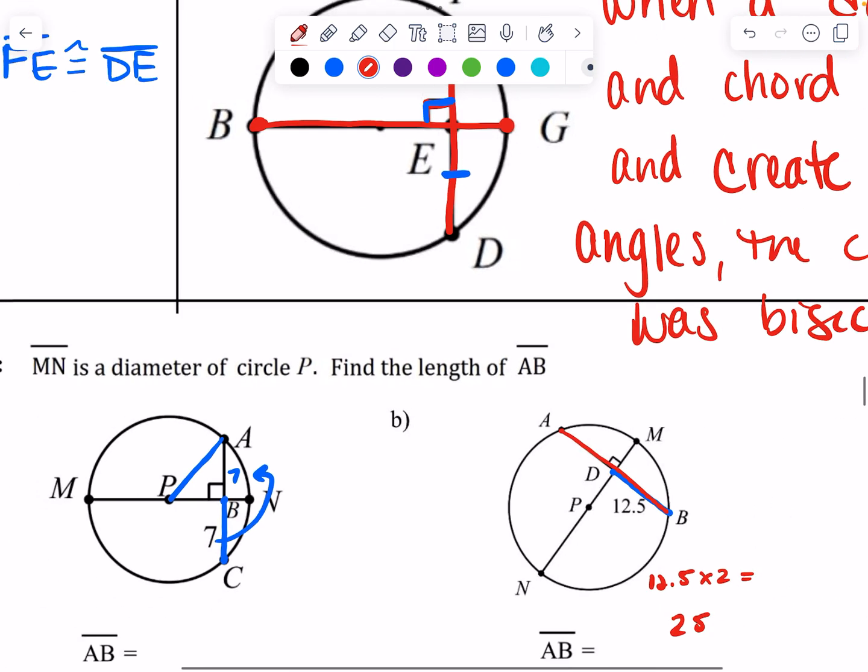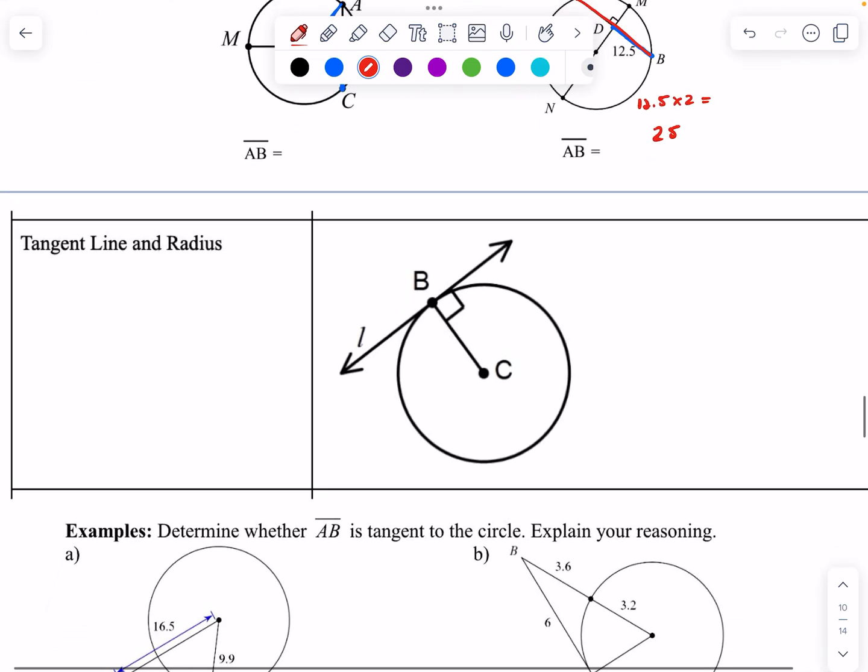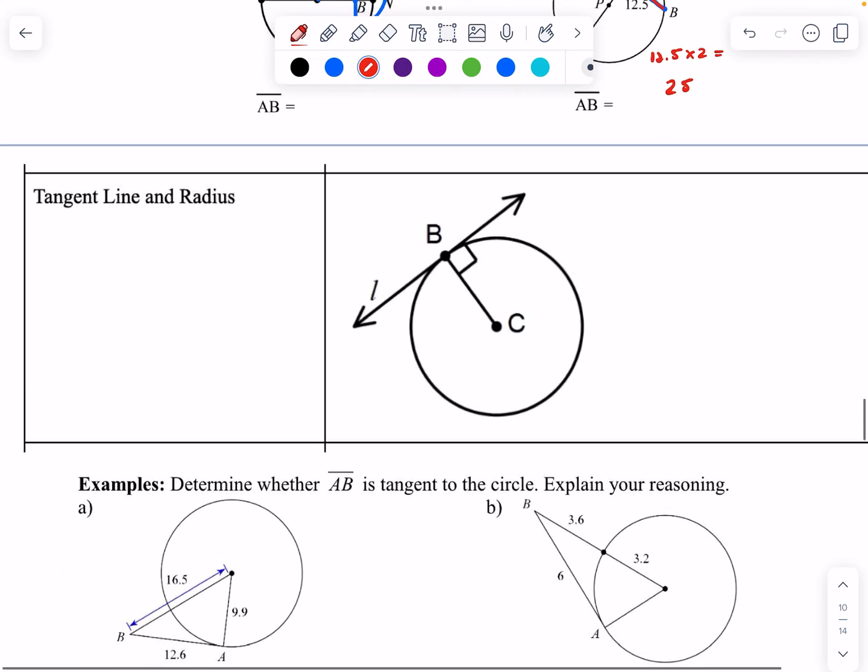A second part of this idea of tangents and chords and radius, diameter, is that if you ever have a tangent line, which you can see this is tangent as it's just touching at one point, and it intersects a radius, you should then know that this is a 90-degree angle.